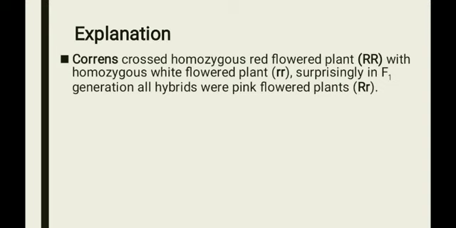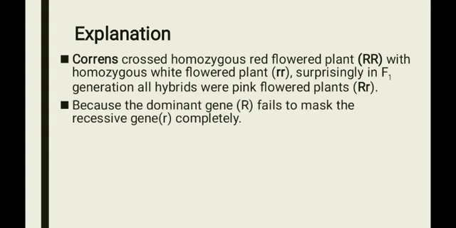Surprisingly, in the F1 generation, all hybrids were pink flowered plants. That is the heterozygous condition, expressed by genotype Rr, because the dominant gene R fails to mask the recessive gene r completely.